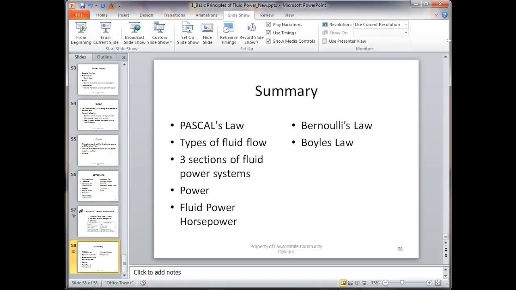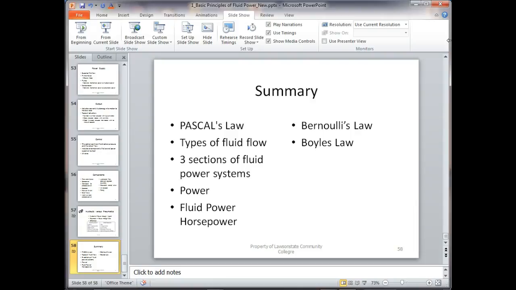Charles's Law is on page 14 in the book. I'll have to add this to the PowerPoint because I didn't see it on there. Let's find Charles's Law in the book. There are several laws in the book. Let's look on page 9. This is Boyle's Law, down in section 1.25.